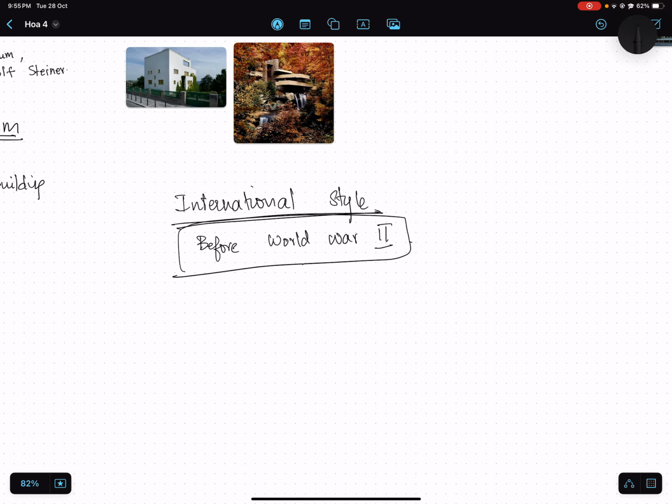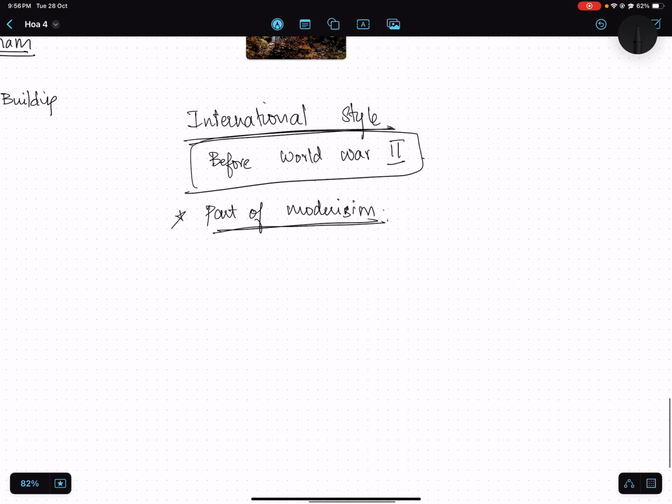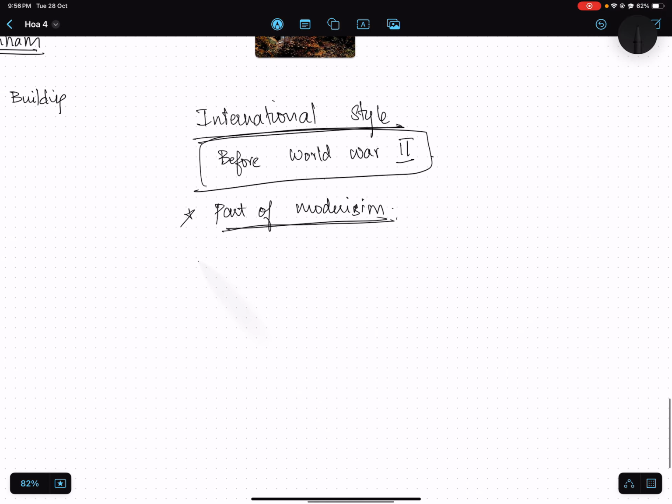So you can call it a constituent part of modernism. So one style that I'll talk about is the Bauhaus school.